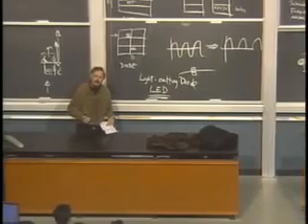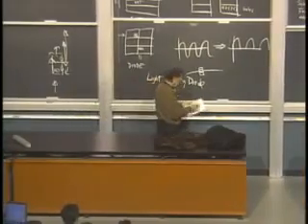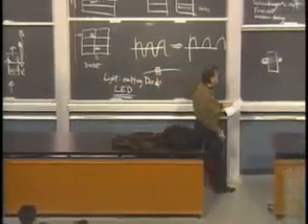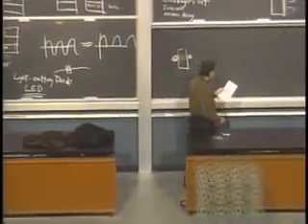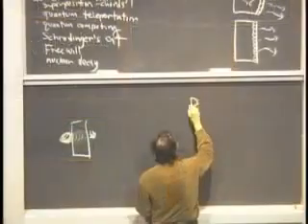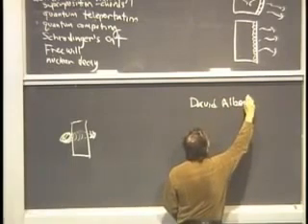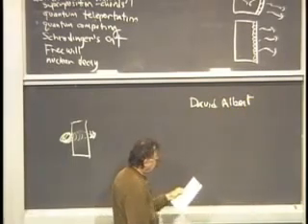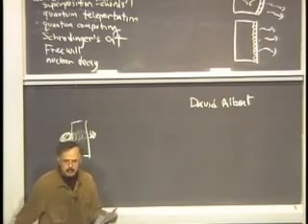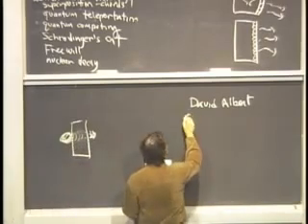Not a physics course, a philosophy course. The course was taught by a man named David Albert, who, like me, is a physicist. And they used this book that he wrote called Quantum Mechanics and Experience.